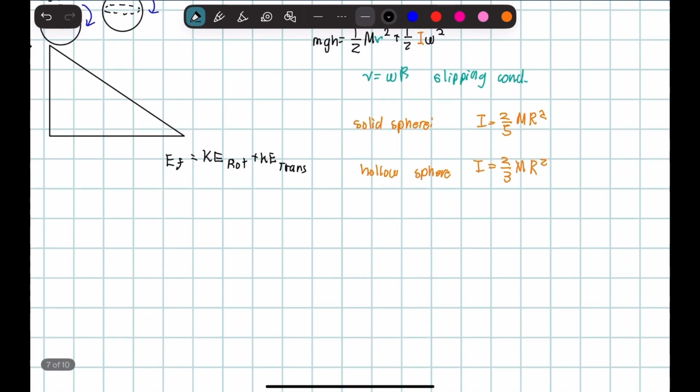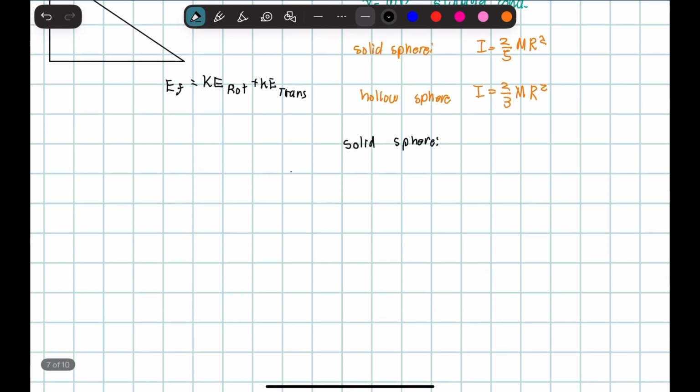Now you want to solve for the solid sphere. So that's going to be mgh is equal to 1/2 mv squared plus 1/2 times 2/5 m r squared times v over r squared.